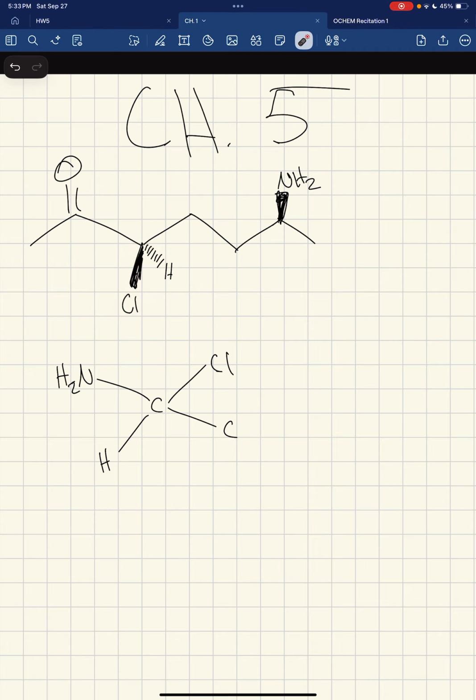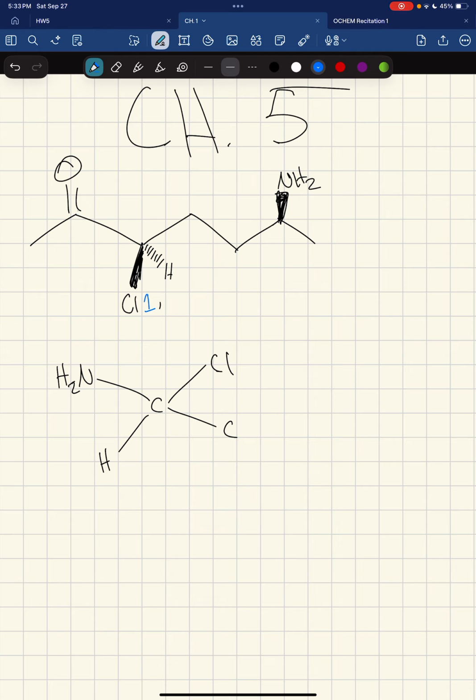That's going to be priority 1. Then going to these two, you go to carbon, carbon. This one's double bonded to an oxygen, which I think counts, for priority order, as if it was bonded to 2 oxygens. So this side is 2, and this is definitely heavier than hydrogen, so that's 3.